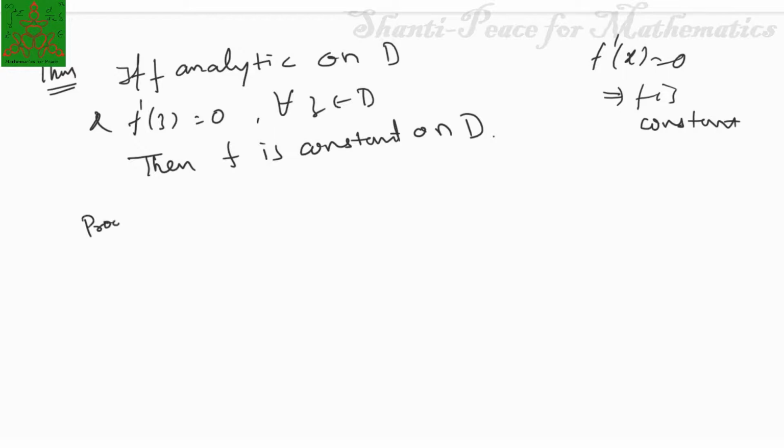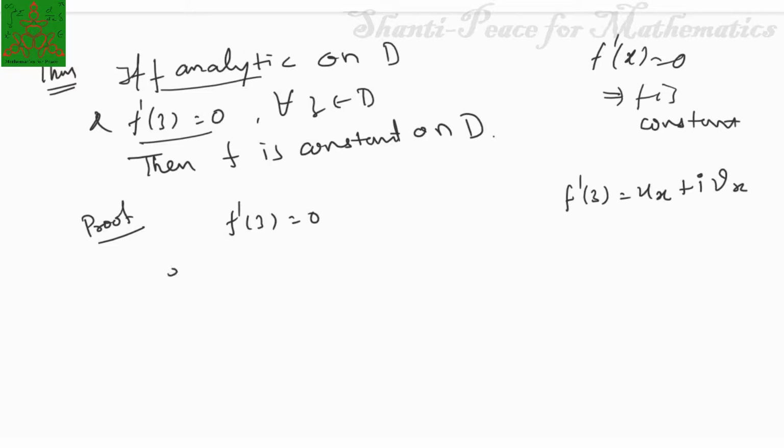To prove this, since it is given that f is analytic and differentiable, in the previous lecture we have seen that the derivative of the function can be calculated as ux plus i vx. So we can say ux plus i vx equal to 0. That implies ux is 0 and vx is 0.